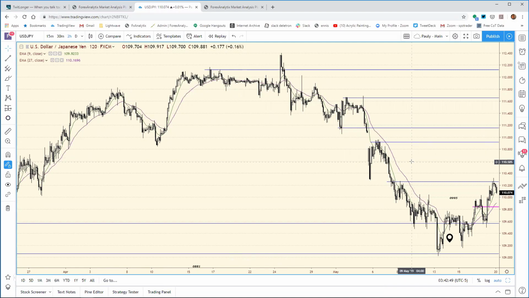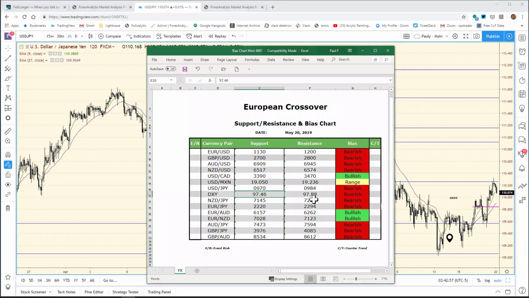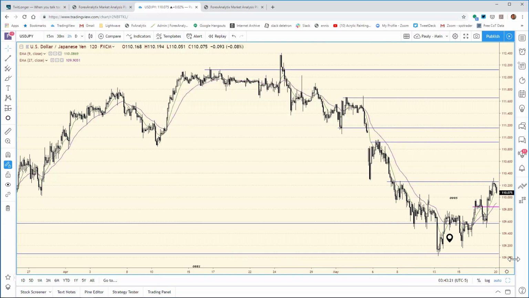We'd mentioned that 1061. We'll go with 1061. It still remains bearish overall, but we almost get to a point that it's almost to a neutral point.